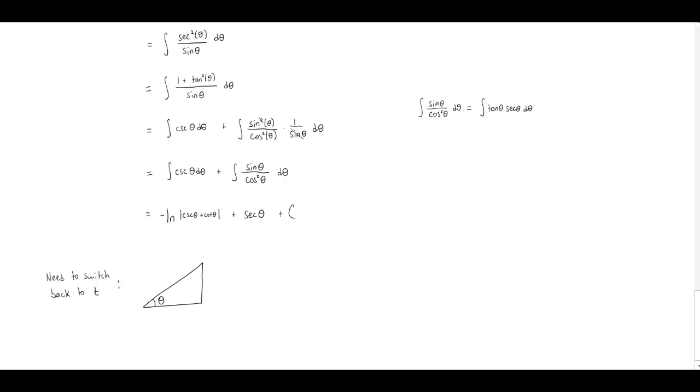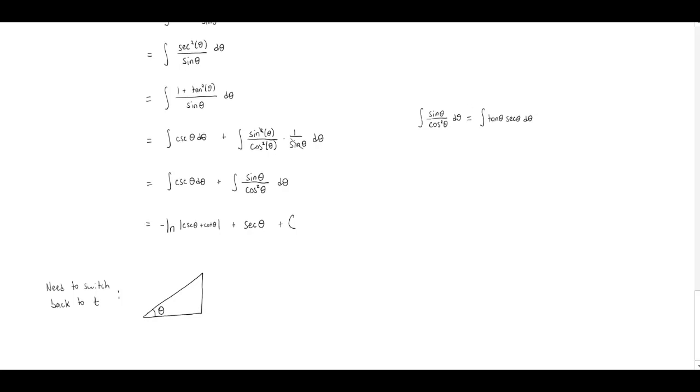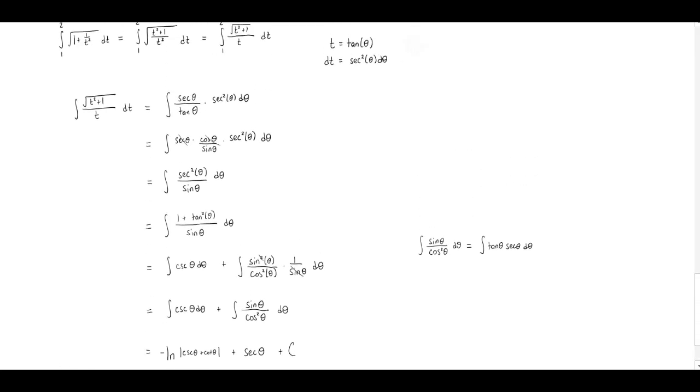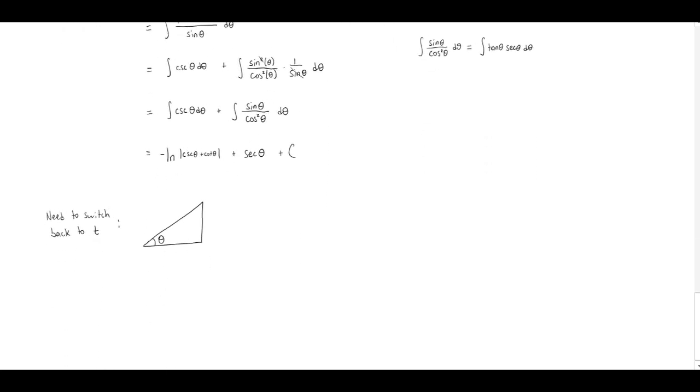Now the original trig substitution that we did was t equals tangent theta. So tangent theta was t. I'm going to write it as t over 1. And the reason why I'm doing that is because I'm thinking in terms of a right triangle, how tangent is the opposite over the adjacent. Okay. So in my right triangle I'm going to label the opposite side as t, the adjacent side as 1.